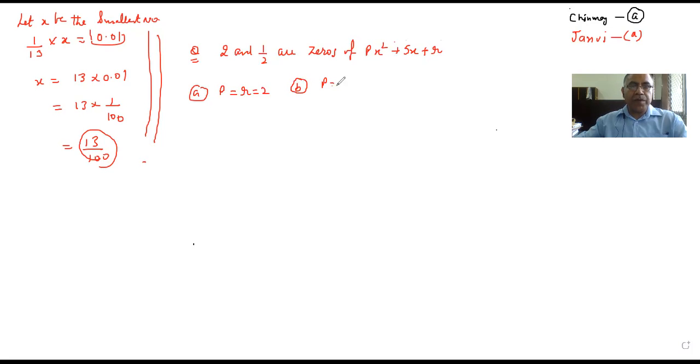B option is p is equal to r is equal to minus 2. C option is p is equal to 2, r is equal to minus 2, and D option is p is minus 2 and r is 2. So open for everyone.